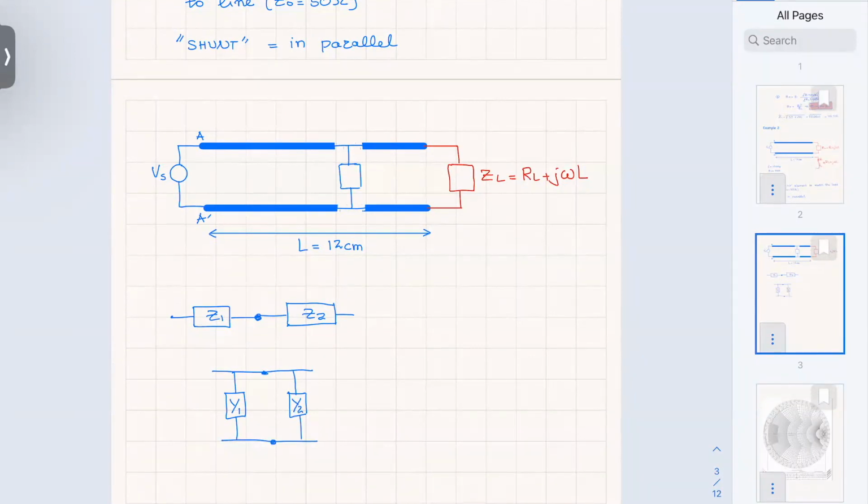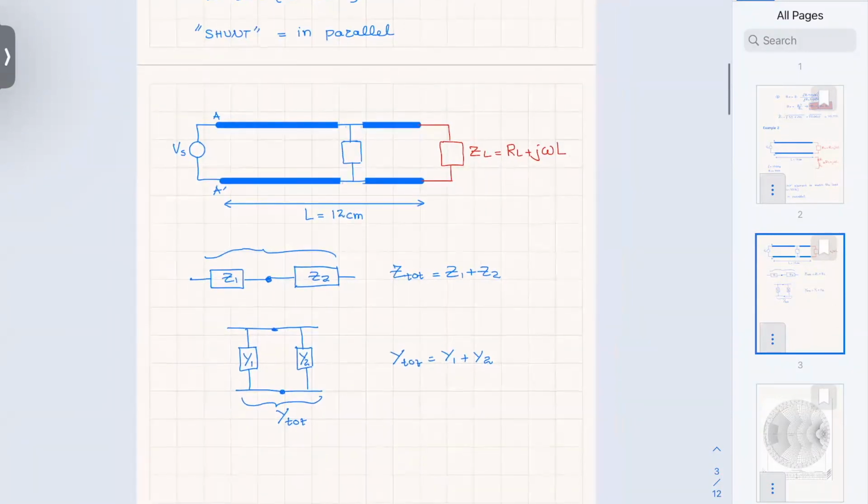Remember from circuits? The total impedance here, Z total, is going to be Z1 plus Z2. And Y total here is going to be Y1 plus Y2. So when you have to connect things in parallel, or shunt as they say, to put shunt elements, you will have to think of admittances.